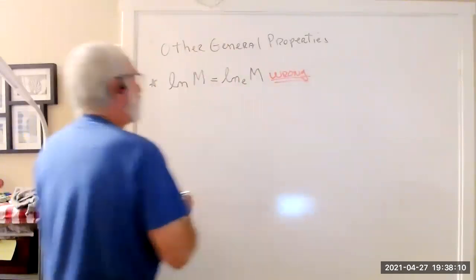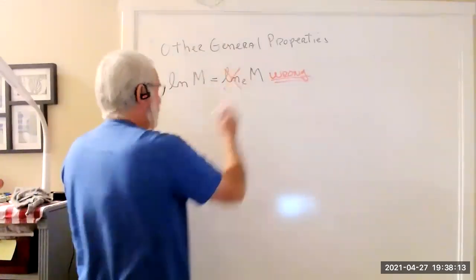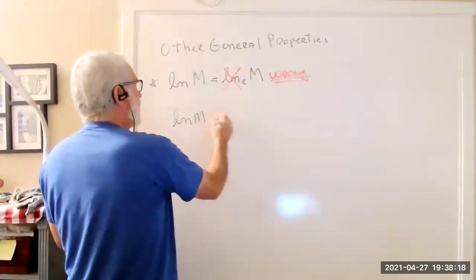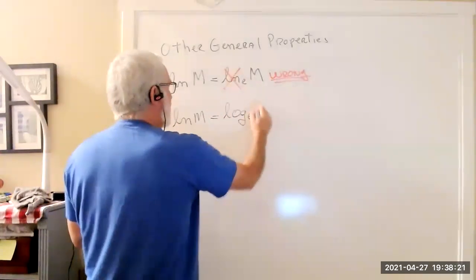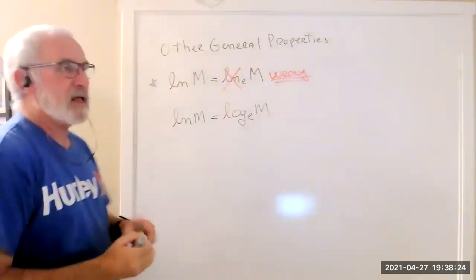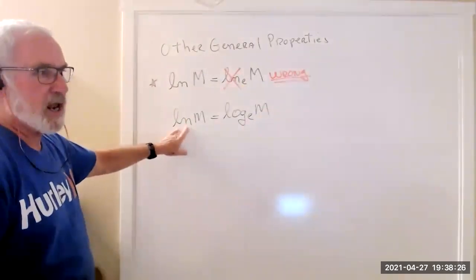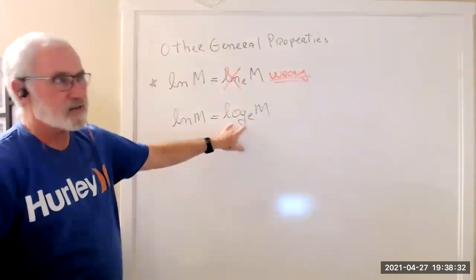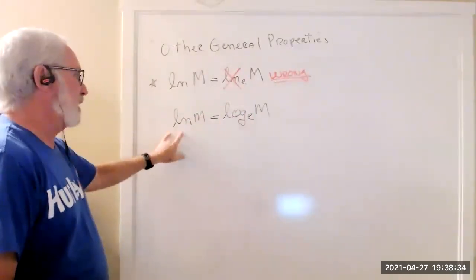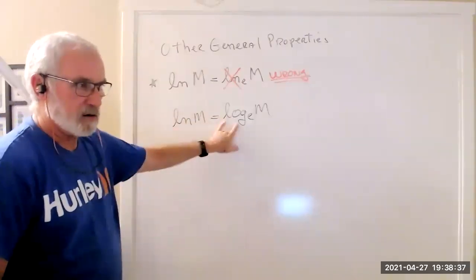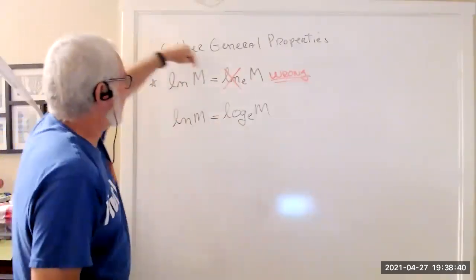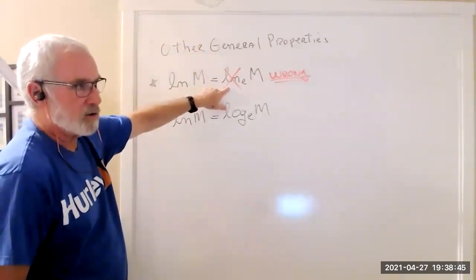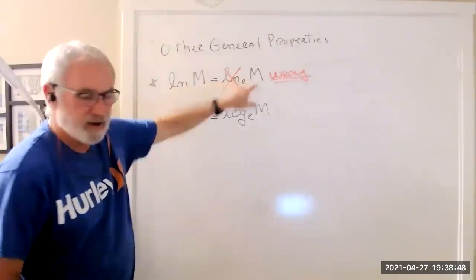What he should have written up here is this: ln of m equals log base e of m. So the ln is a shorthand method for log base e. Instead of writing log base e, you can write ln. They stand for the same thing. So please modify his worksheet. That one thing is wrong. It should be log base e of m right there.